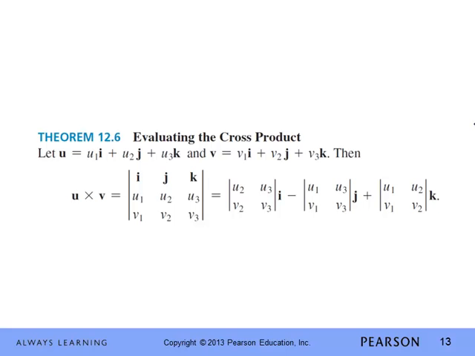Now, here's how we compute the determinant. We do it by a system of cofactor expansion. I'll tell you exactly what that means. We start across the top row, starting off with i hat. So we're going to take i hat times the determinant of a subset of this matrix.